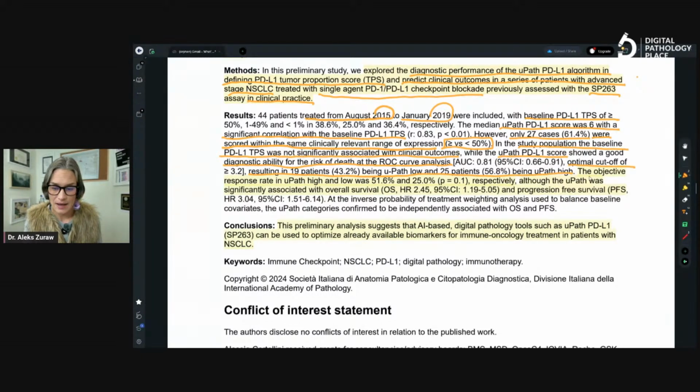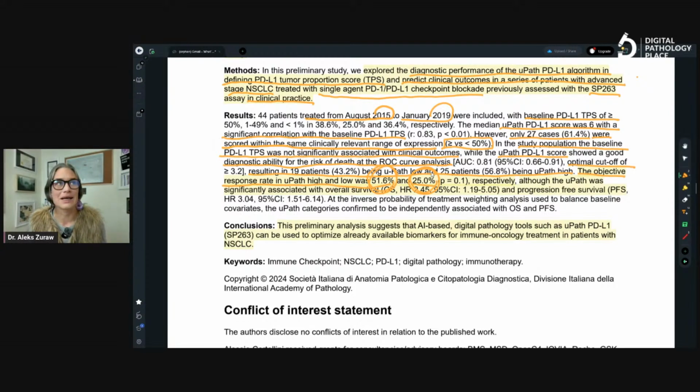And the objective response rate in UPath high and low was 51 and 25. So the response in those patients that had this high score was a lot higher, 51, than 25. And I'm always amazed how much lower the numbers for immune oncology drugs are when it comes to a response than any other drugs.